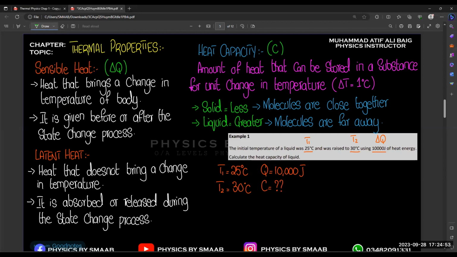So now we discuss heat capacity, but we do not know how to calculate it. What will be the formula?